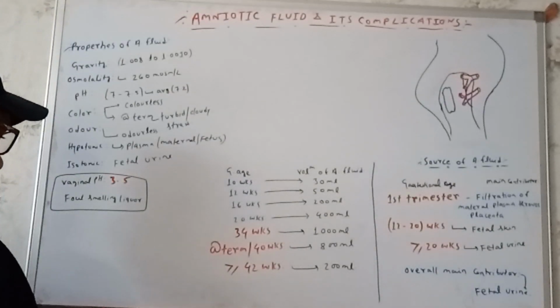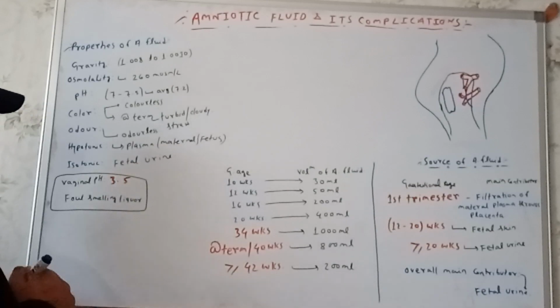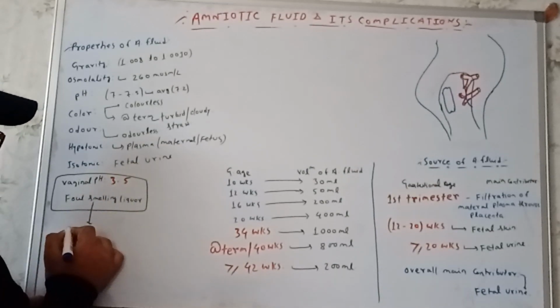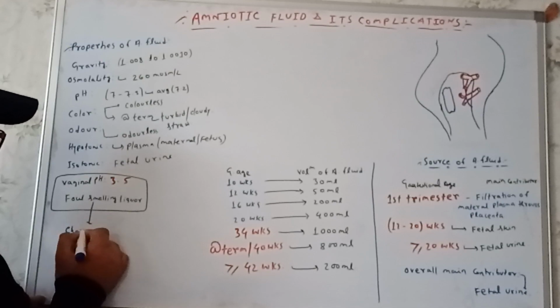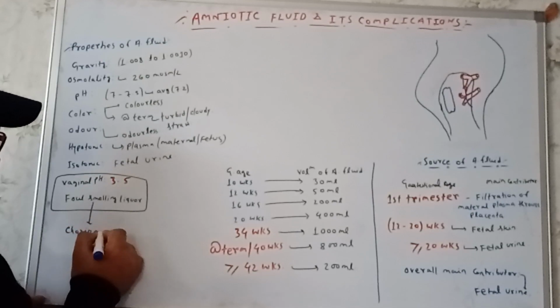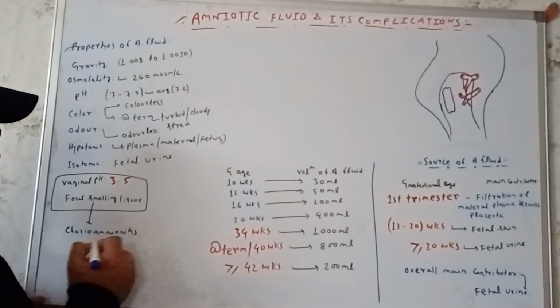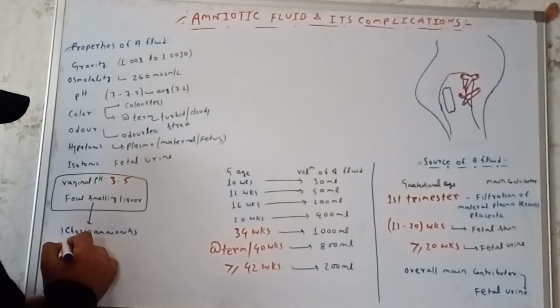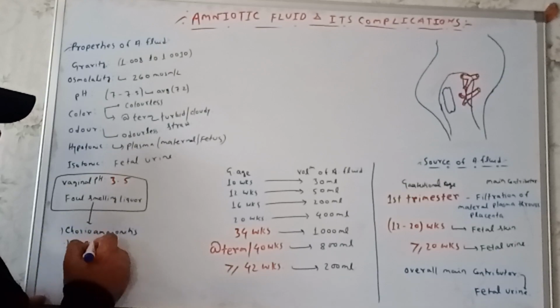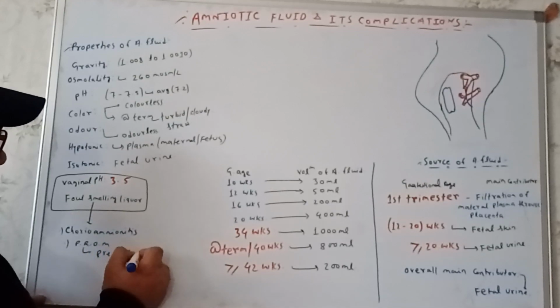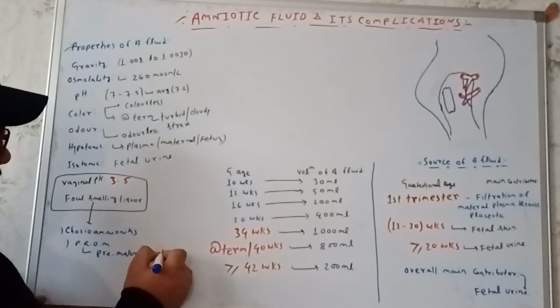So the foul smelling liquor we can get to see in terms of chorioamnionitis, in terms of premature rupture of membrane. I am writing the full form: premature rupture of membrane.